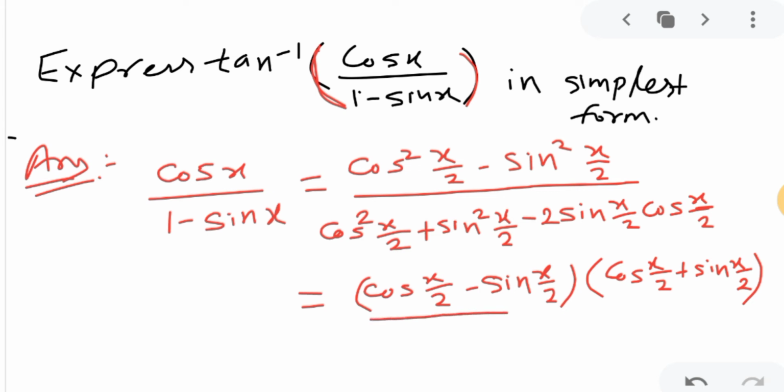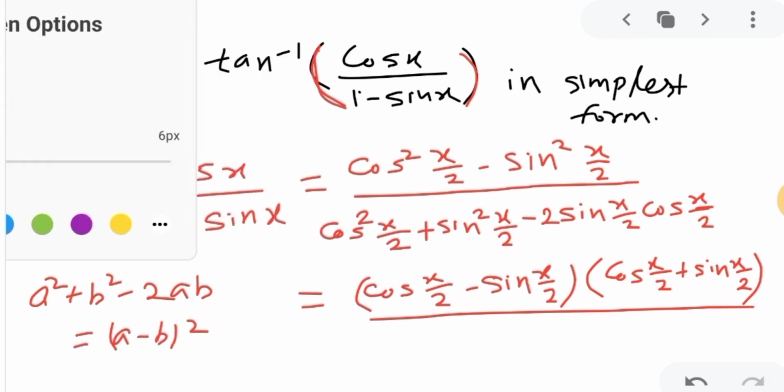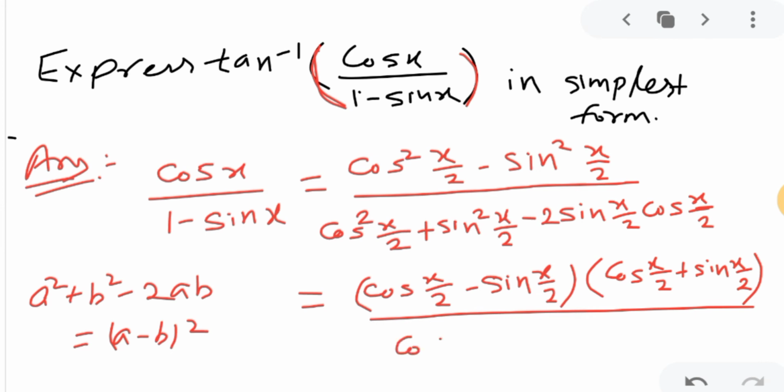And below, we have a square plus b square minus 2ab, which is the formula for a minus b whole square. So I write cos x upon 2 minus sin x upon 2 whole square.